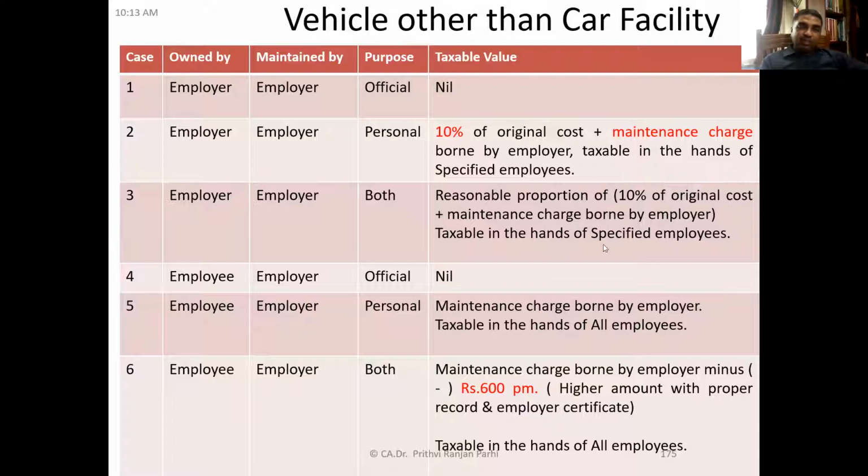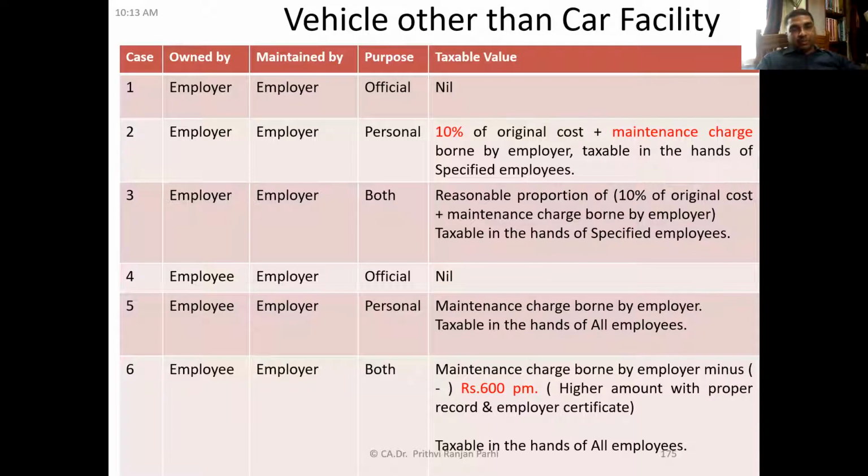Then we'll find out a reasonable proportion. Reasonable proportion may be 50-50, or if some record is maintained, it can be distributed on that basis. Whatever is attributable to official purpose is not taxable, but to the extent it is attributable to personal purposes, it is taxable.